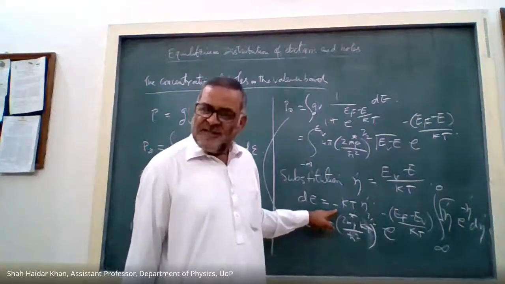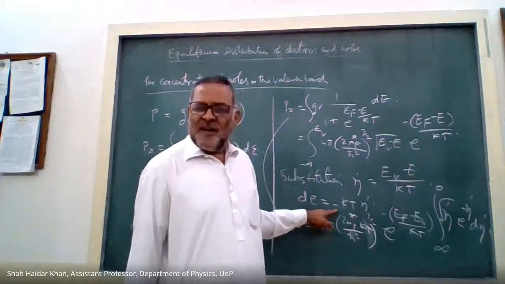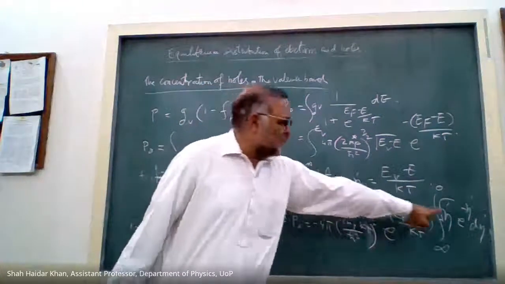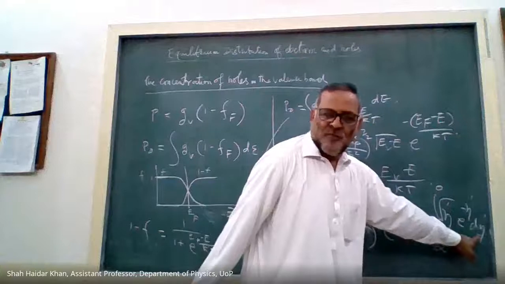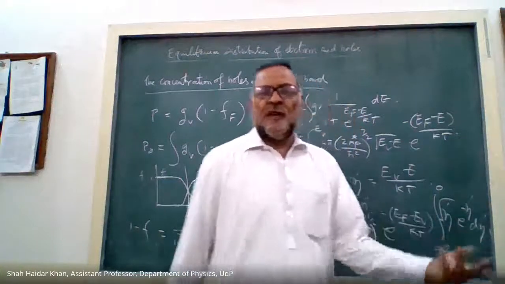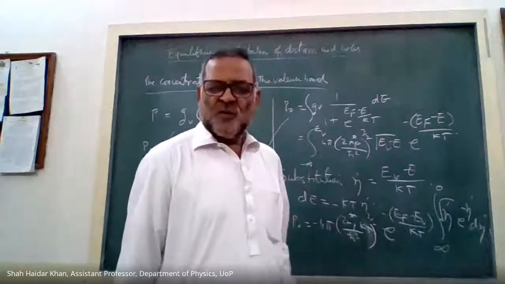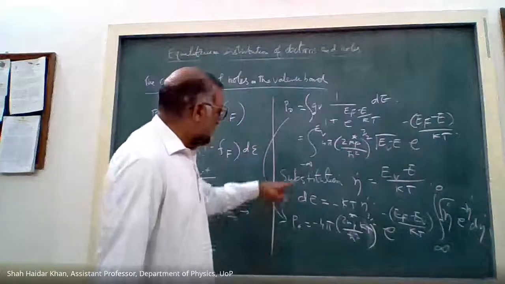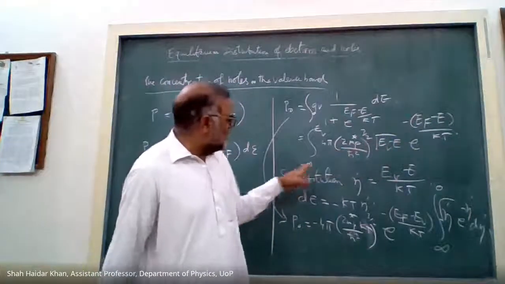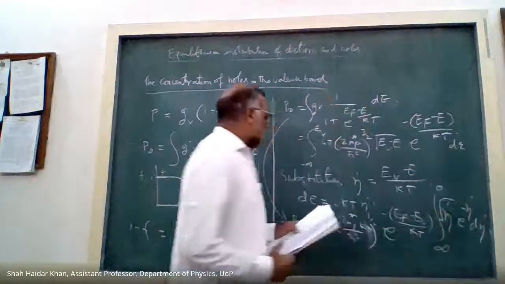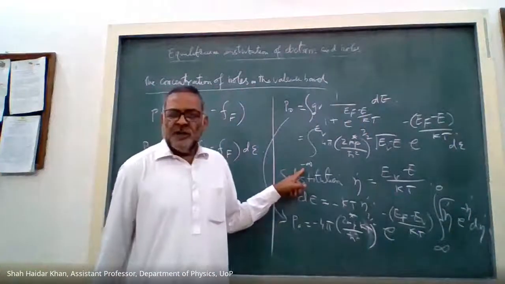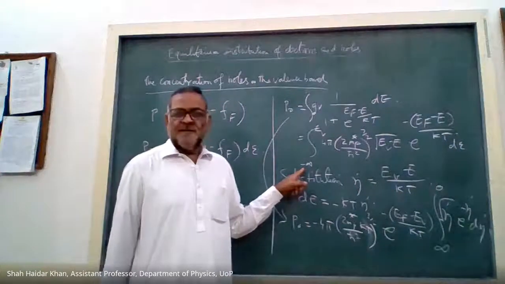So this turns the limit from minus infinity to plus infinity. If we do the substitution, we have to look for the limits as well, right? So the limit for energy is minus infinity.